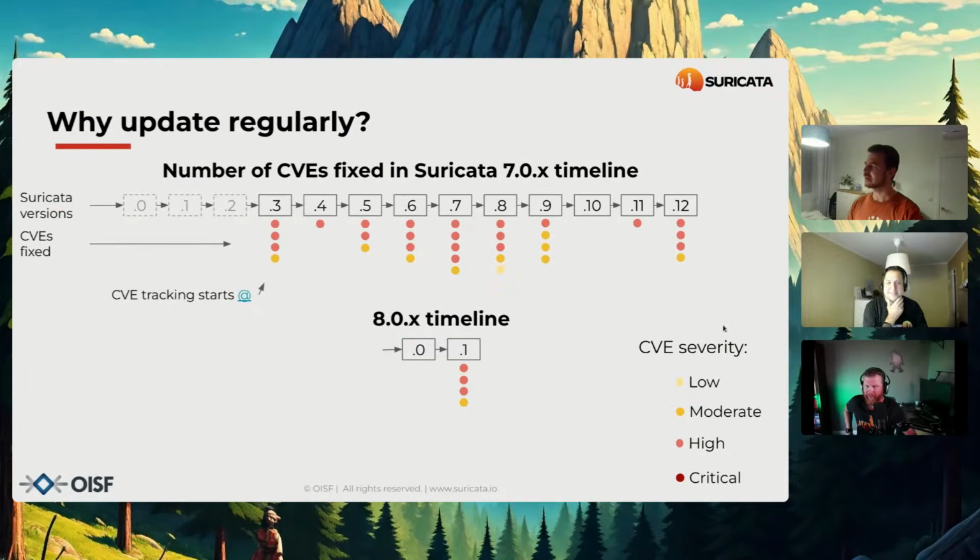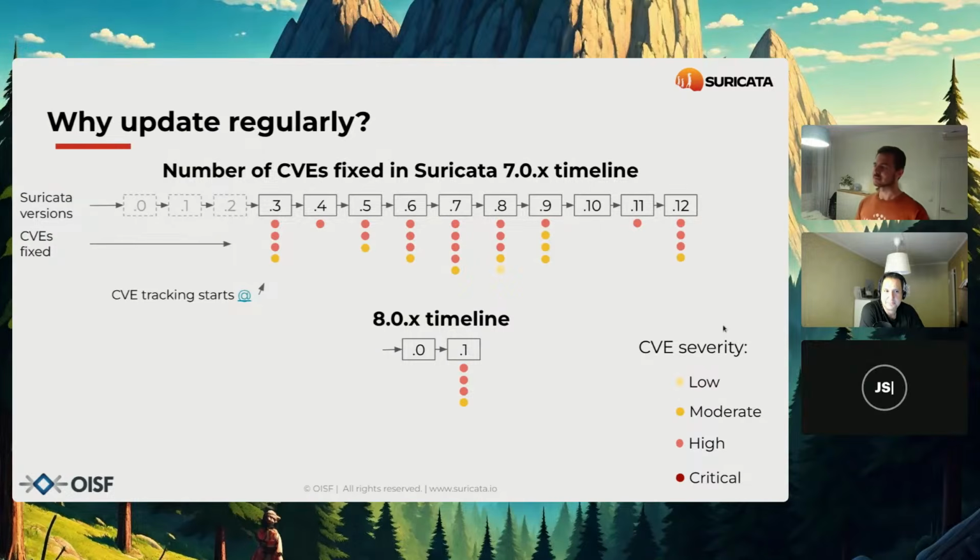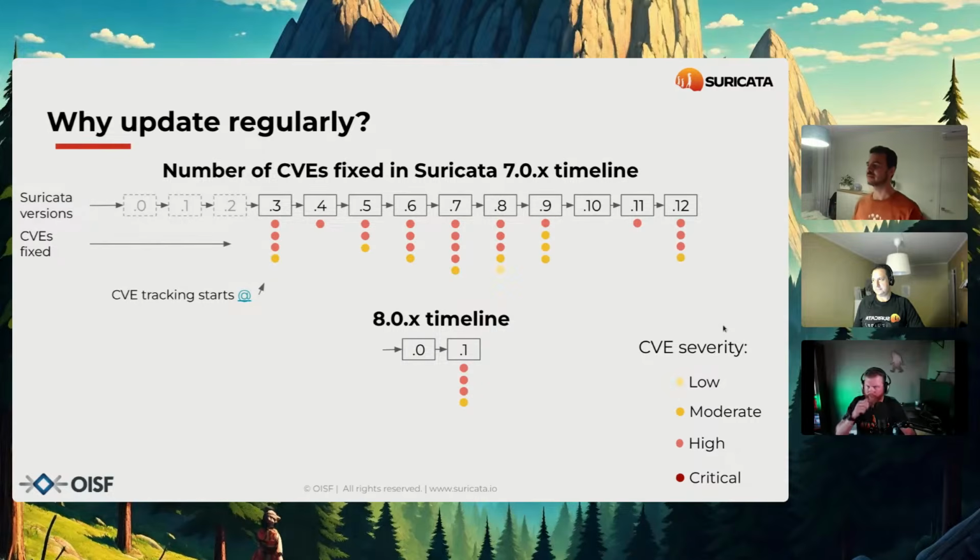Okay, and here I have a little overview of why patch releases are important. Before, many people considered patch releases as just some maintenance, but we actually fixed bugs, and that was not visible before. Now it's clearly visible, especially with the severity level of the vulnerabilities that were present in Suricata.